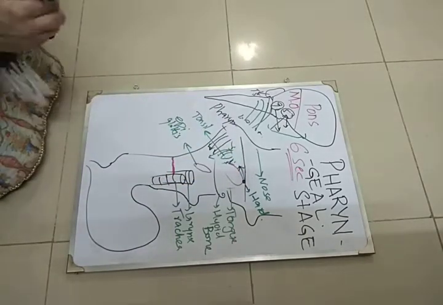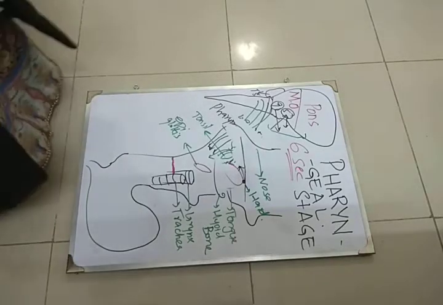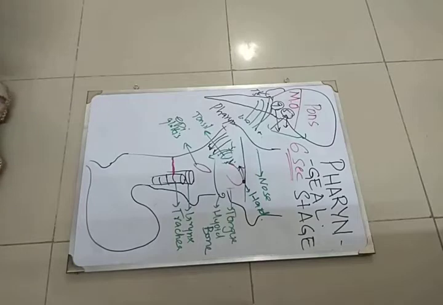Now it will close the posterior nares. The posterior nares are the posterior openings of the nostrils. There are external openings and internal openings. The internal openings are called the posterior nares. So these posterior nares are closed. This prevents the reflux of food into the nose.